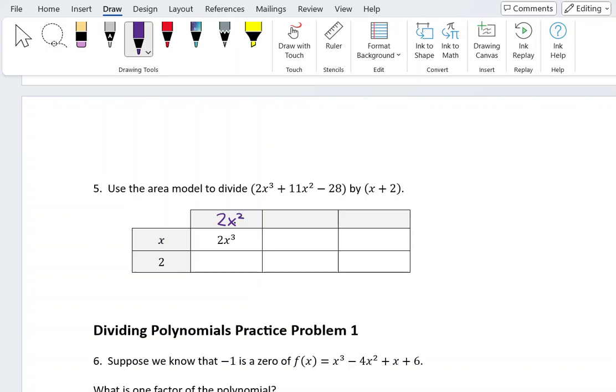I need to multiply by 2x squared in order to get 2x to the third, since I'm multiplying by x. Next, I can multiply to get what goes in the bottom box in this column. 2x squared times 2 is 4x squared. Now I go back up here and think about what I need to add to 4x squared to get 11x squared. Well, that needs to be 7x squared.